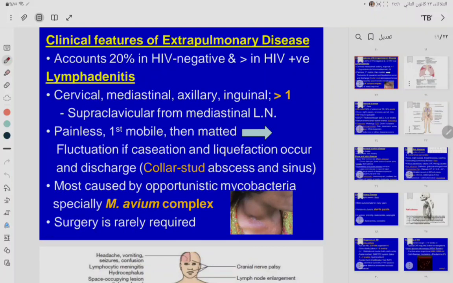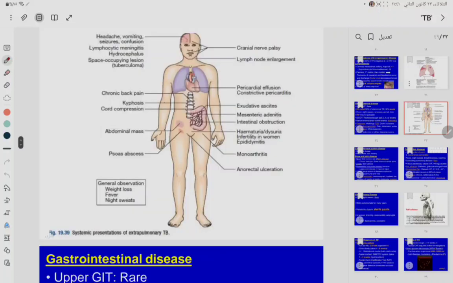Most commonly caused by Mycobacterium avium complex, which is a non-tuberculous mycobacterium. So there is Mycobacterium tuberculosis and non-tuberculous mycobacterium, or Mycobacterium avium complex, and we often see it more in HIV when the CD4 is less than 200. Surgery is rarely required. Sometimes surgery is the treatment, but now we have anti-tuberculous management.